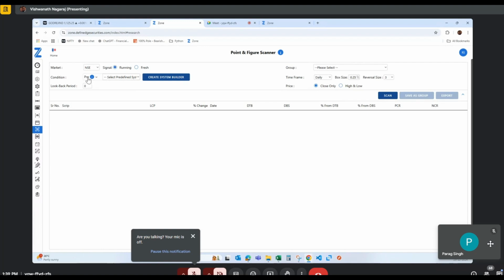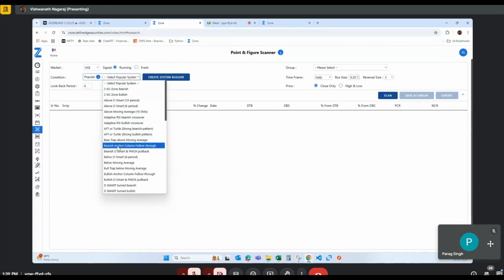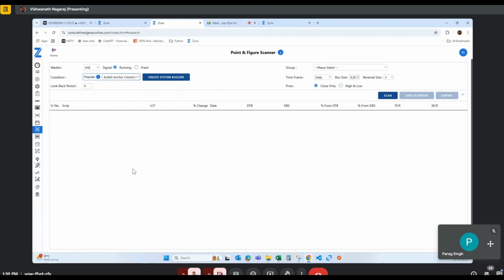Make it running or fresh, but go to popular. Here, click on this and make it popular. Yes. Done. And then check bearish anchor column or bullish anchor column. If you're an option seller, bearish. If you're an option buyer, bullish. And then change it to NFO and all options.